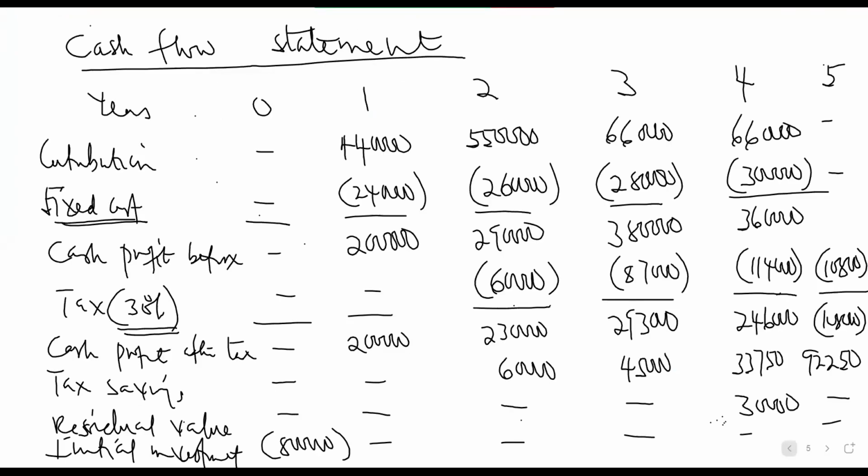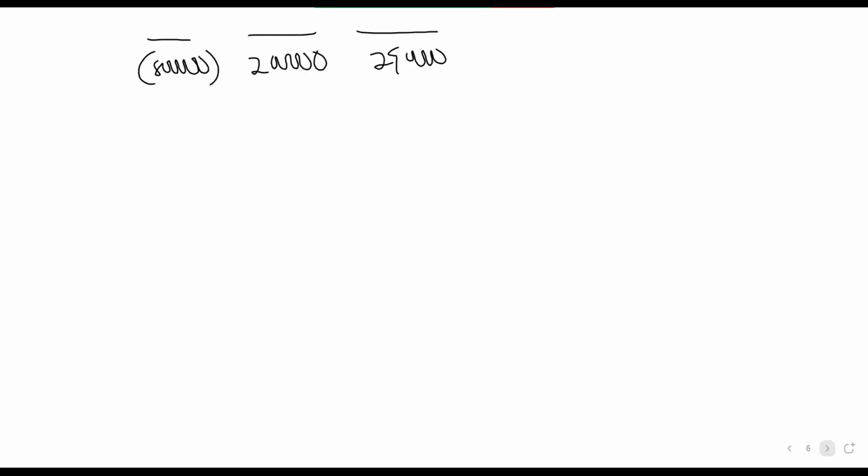That will give us what? Year 3 will give us $338,000. Year 4 is 309,750.